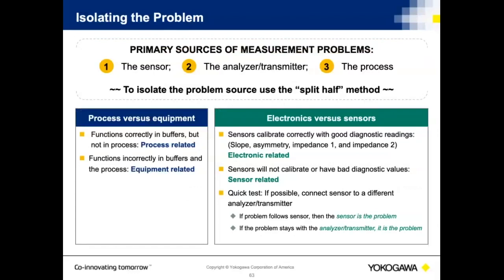If they calibrate in buffer solutions and you have stable readings after you've cleaned and everything, then basically it's probably a process problem. If it goes the other way and you cannot calibrate, then it's probably your electrode set that's giving you issues. Which electrode do I suspect normally? I usually suspect the reference electrode is what's giving me problems.